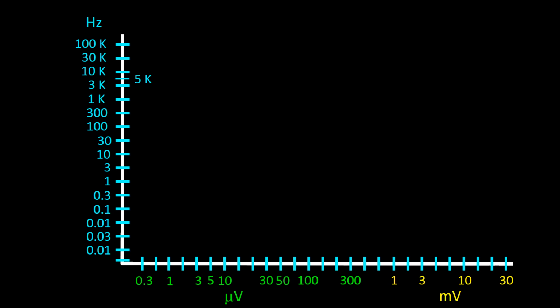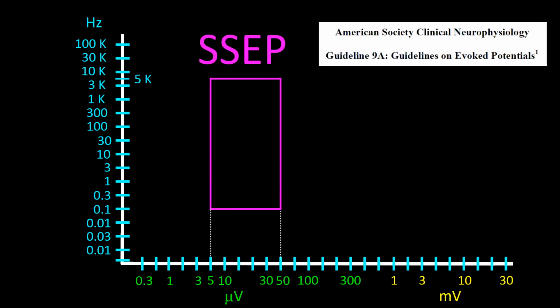In this frame, I have introduced a y-axis representing frequency, and it extends from 0.1 Hz to 100 kilohertz. And now I have introduced an x-axis indicating voltage in microvolts and millivolts. The recommendation by the society is that amplifiers used for evoked potential should maintain an amplitude linearity for amplitudes between 5 and 50 microvolts.